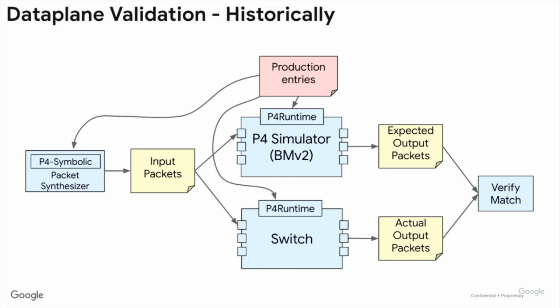And then we had 2 tools that we mainly use: P4-Symbolic, which is what Meghana and Ollie will be talking about in the next talk, which generates input packets that try to hit all of the production entries, more or less. And then we have the P4 simulator and the actual switch. We run the input packets through both, and we verify that they match, much like what Steffen was saying before, right?